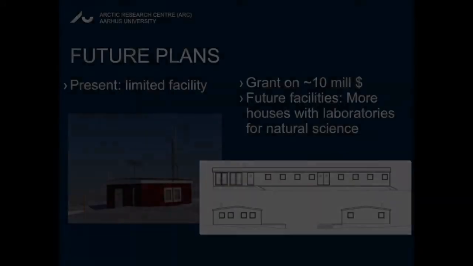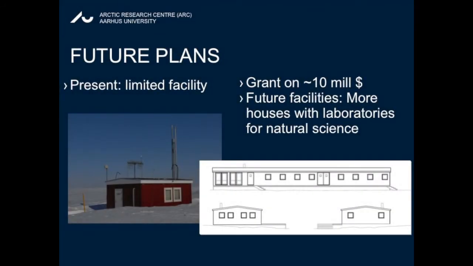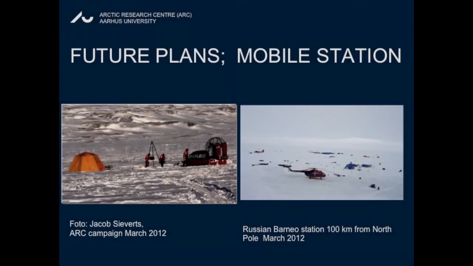The last thing I will go to here is the future plans that we have. Of course with a hut like this, we have a special facility to invite other people to come out there, but we expect 10 million funding, which I think is very likely that we will get, and we will build more houses there so we can host more scientists, and we will have another platform.